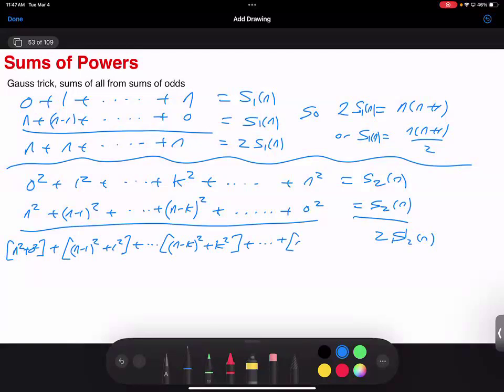And then all the way down to 0 squared plus n squared. What's (n minus k) squared plus k squared? So n squared minus 2nk plus 2k squared.